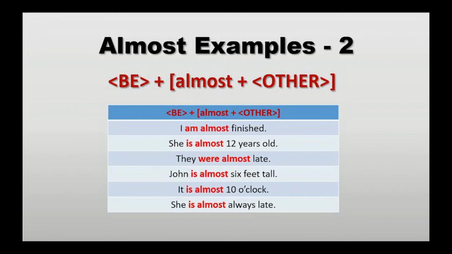It is almost 10 o'clock. She is almost always late. Okay, there you have almost examples with a be verb.